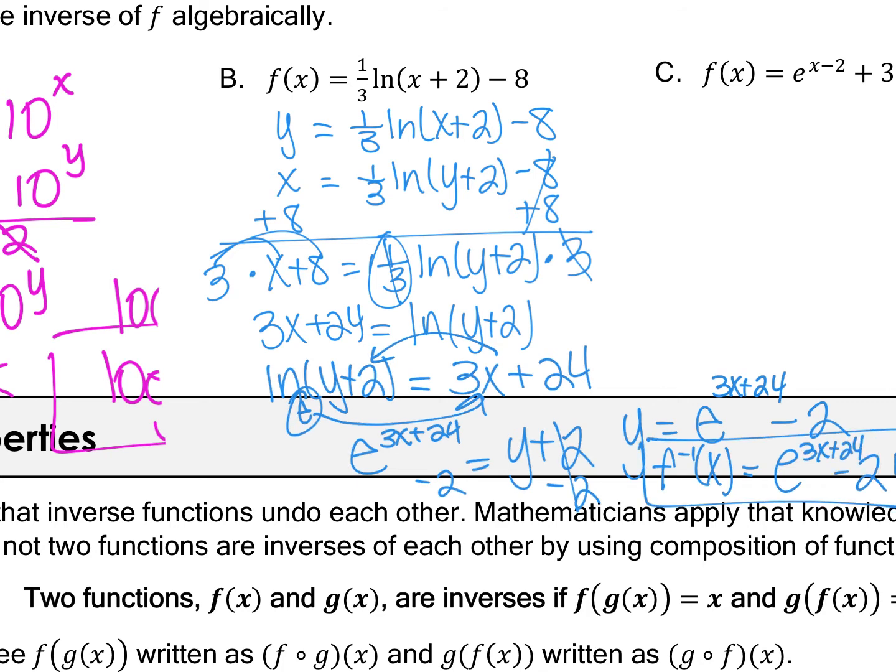So there's my inverse. If you're starting with a log, switch x and y, isolate your log term, and then change it to exponential form, which we were doing the other day. If you're starting with exponential, switch x and y, isolate the base and the exponent, then you can change it to log form.